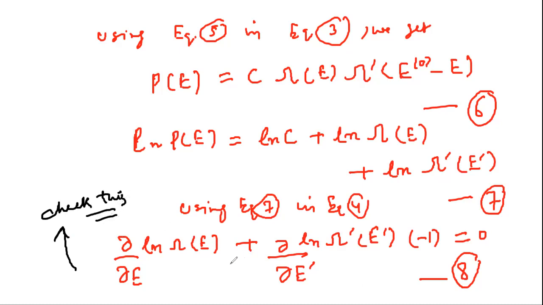So this equation 8 is now the condition for P of E to be maximum. We're finding that peak using this equation. Now what we do, we define a parameter. You already know that.